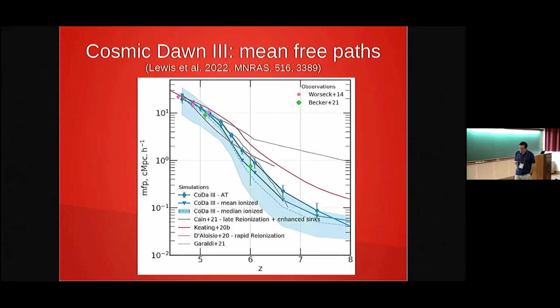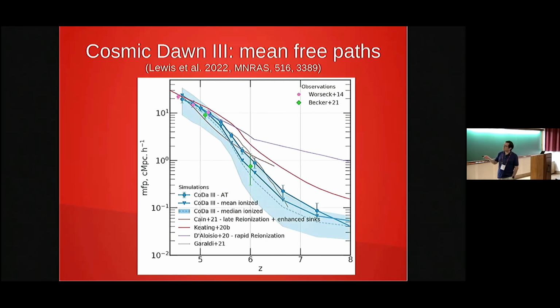And one thing that comes for free once you calibrate it properly is the mean free path of ionizing photons after ionization and at the end of ionization. This has been measured. There are quite a few measurements. Of course, they're not direct measurements, you need to infer it. It's a long story, but the bottom line is it has been measured at some level.